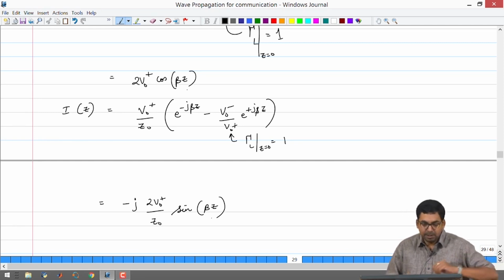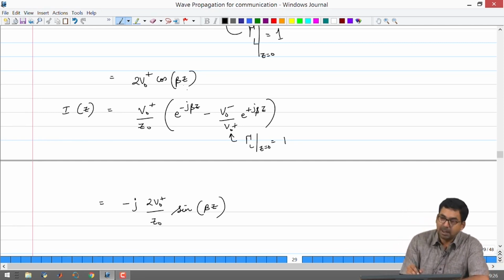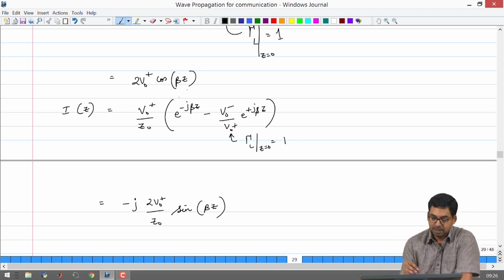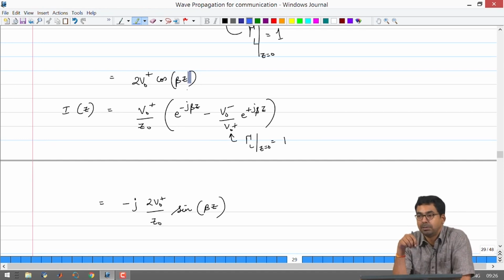First of all, as you go along the distance of the transmission line, there are going to be specific places, for example z equal to 0, and then beta times z is going to be some multiples of 2 pi or pi. You will have repetitions of the voltages occurring in your transmission line. So, it will be repeating again and again.